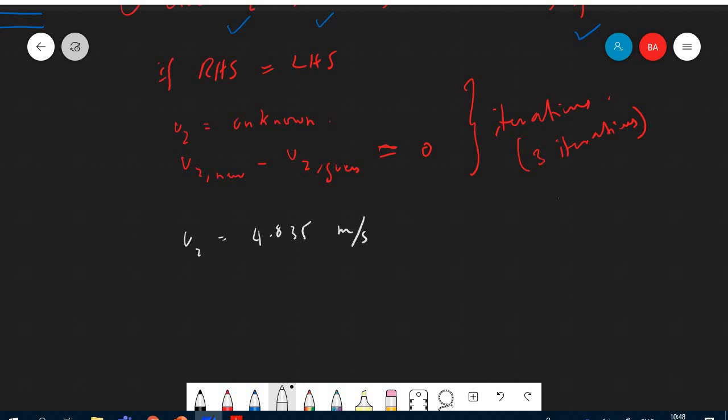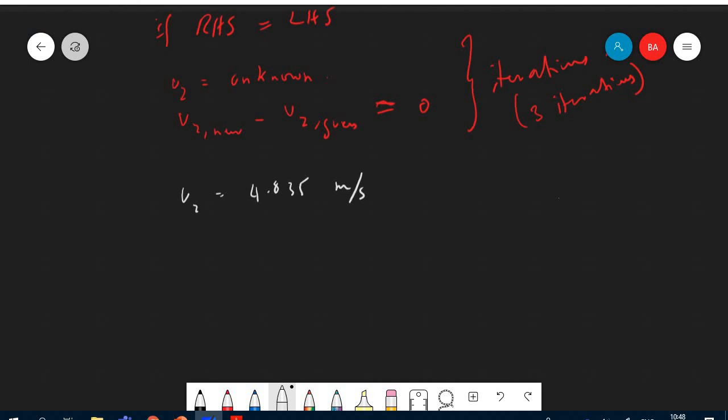Now you can calculate the volumetric flow, which was equal to U A. If you remember, the area was 3.14, so you multiply 3.14 by U2 to get 15.18 meter cube per second.